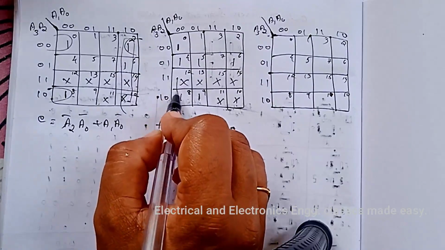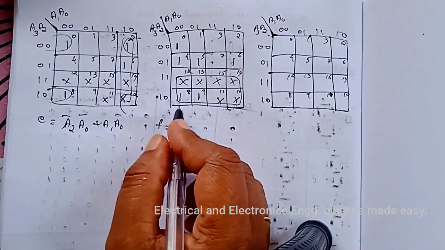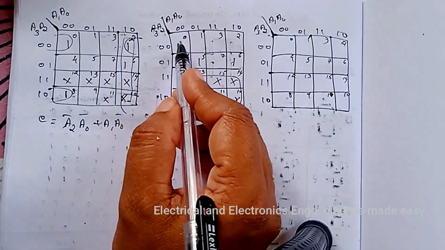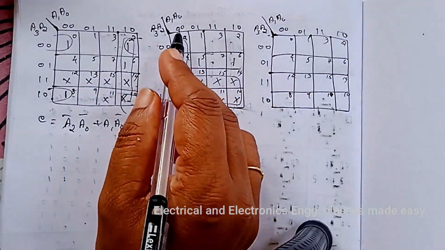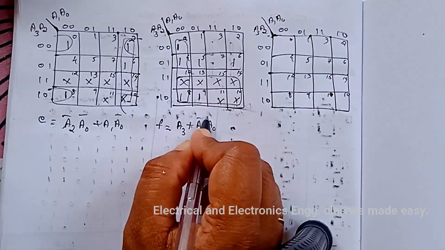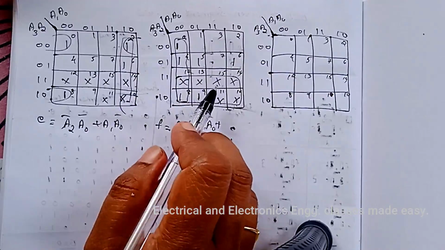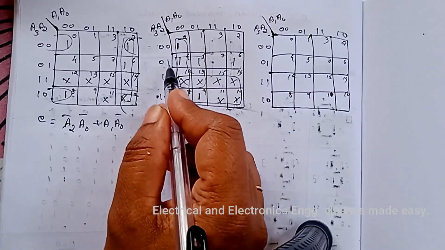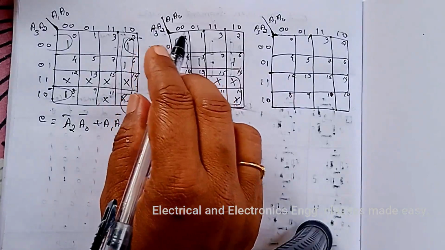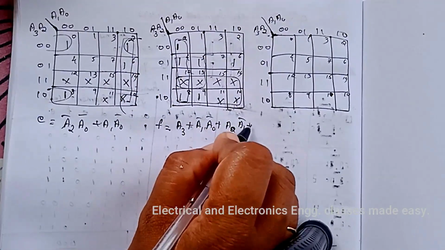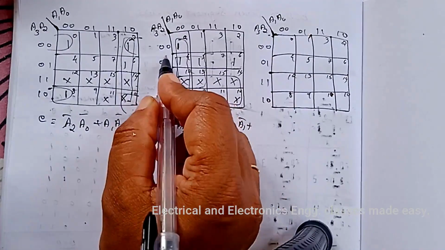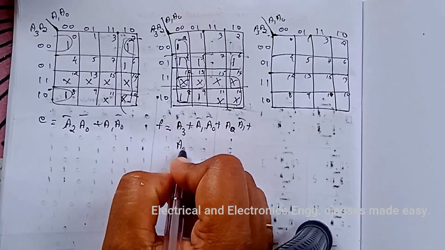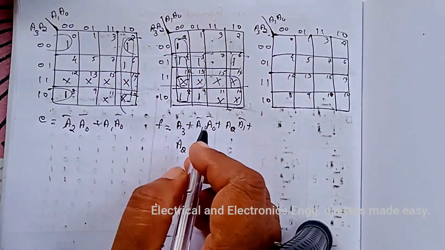And here we can combine these 8 squares, and that is A3, then plus these 4 squares we can combine, and that is A1 bar, A0 bar, plus next we can combine these 4 squares, and that is A2, A1 bar, plus these 4 squares we can wrap, and that is A2, A0 bar.